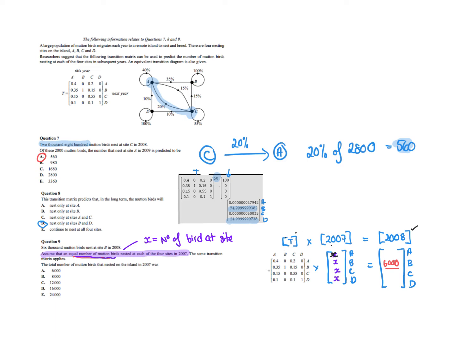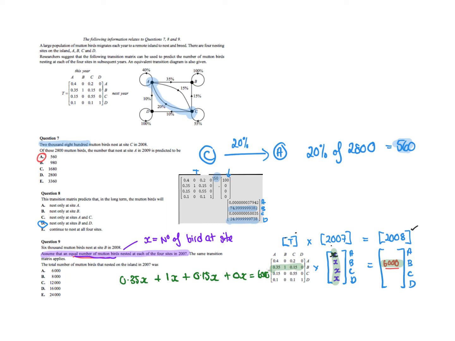So if we look at our manual multiplication, the way we found this number here was we used row 2 with column 1 and it gave us that answer. So if I wrote that out as an expression, it would have been 0.35 times X plus 1 times X plus 0.15 times X and plus 0X, and we would have said equals 6,000. So that's us knowing our manual multiplication.